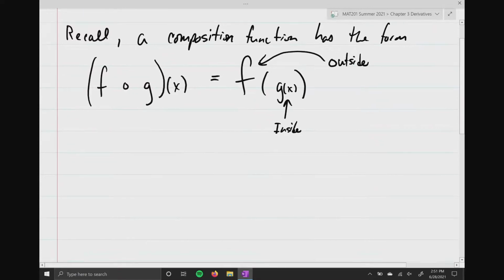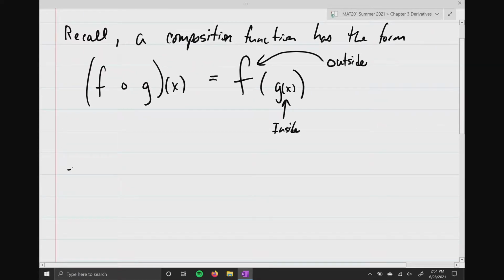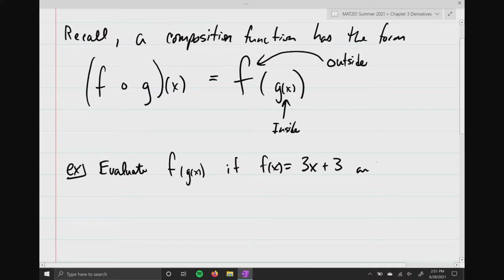Now, an example of that would be something along the lines like evaluate f of g of x if f of x equaled 3x plus 3 and g of x equals 2x.